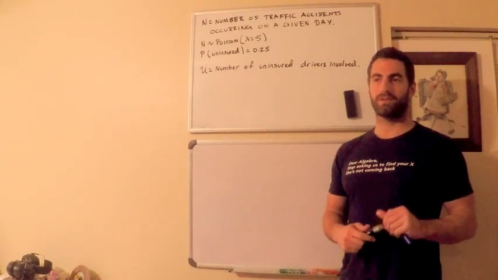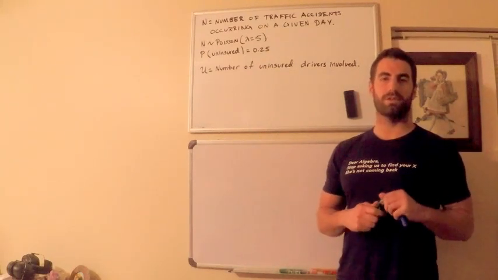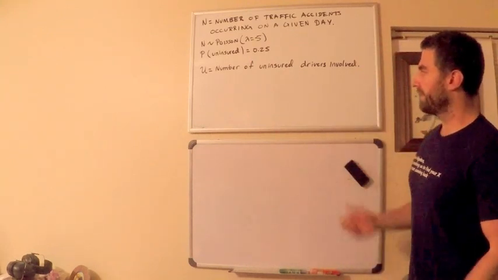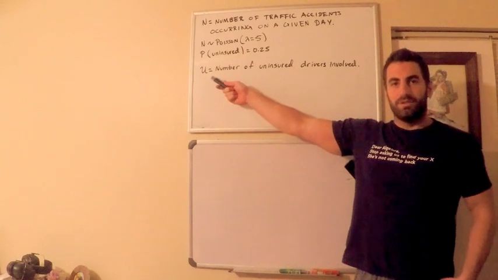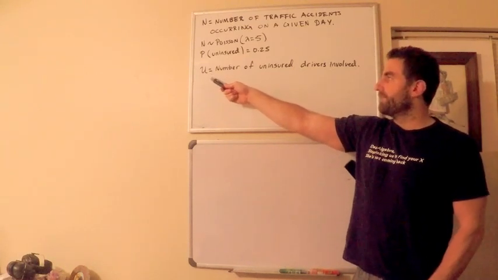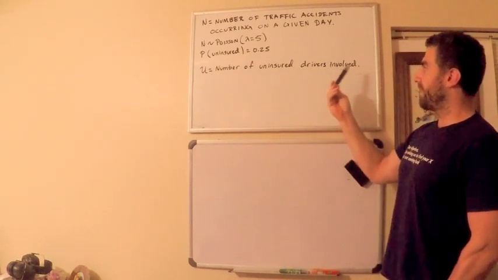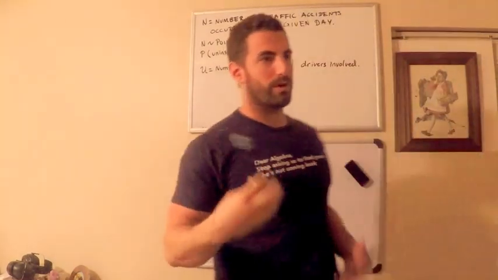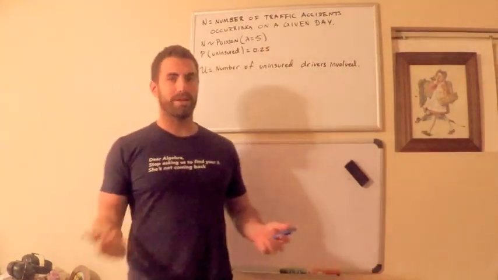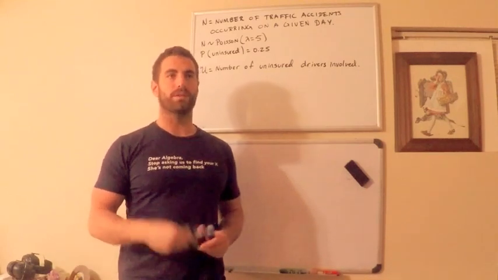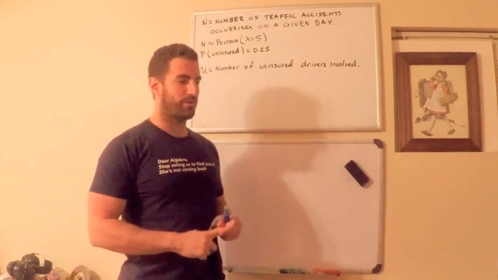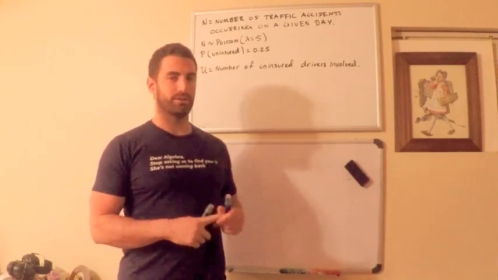We have no idea how many accidents there were that day. That's one of the things you need to keep in mind. So that's the motivation for another random variable, U, the number of uninsured drivers involved. We want the probability that on that day none of the drivers, in however many accidents there were, were uninsured.